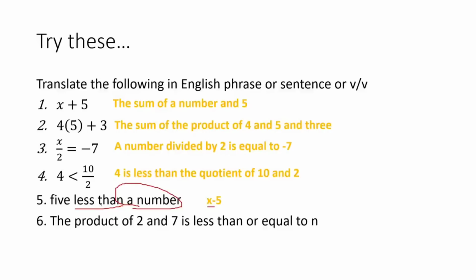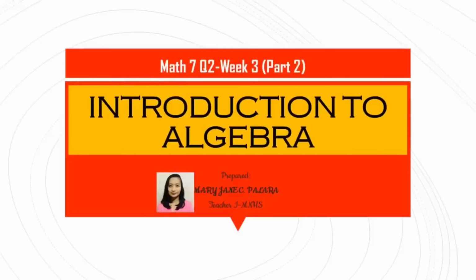Lastly, for number 6, the product of 2 and 7 is less than or equal to n. We write that as 2 times 7 is less than or equal to n. So those are the examples on how to translate. Please follow the next video for the other terms related to algebra. Bye!